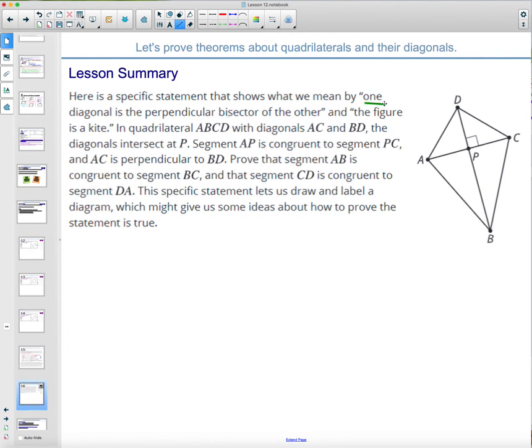One of the diagonals is the perpendicular bisector of the other. So this one is the perpendicular bisector of the other diagonal. And then you see a bunch of different congruencies here. So you know that AP is congruent to PC.